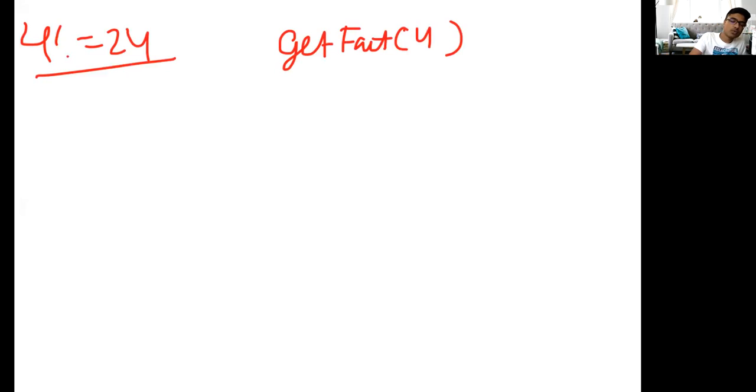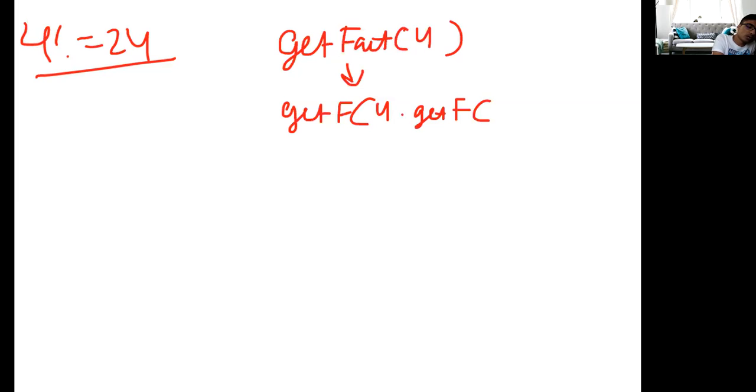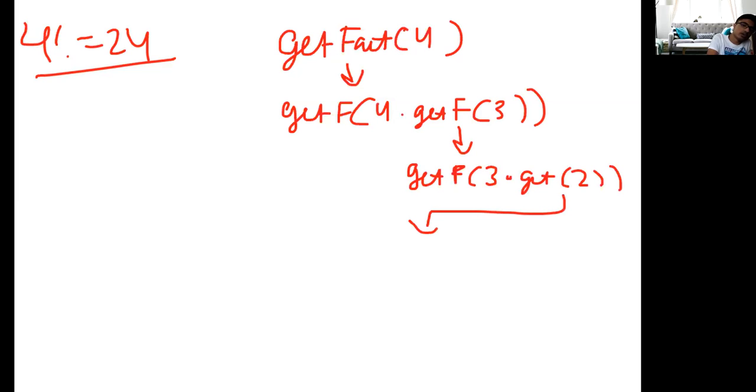We know that 4 is not a base case, so it's going to call another function from inside itself: 4 times get factorial n minus 1, which is 3. Now 3 is not a base case, so it calls again: 3 times get factorial n minus 1, which is 2. Now 2 is not a base case, so we call it again: get factorial of 2 times get factorial of 1.